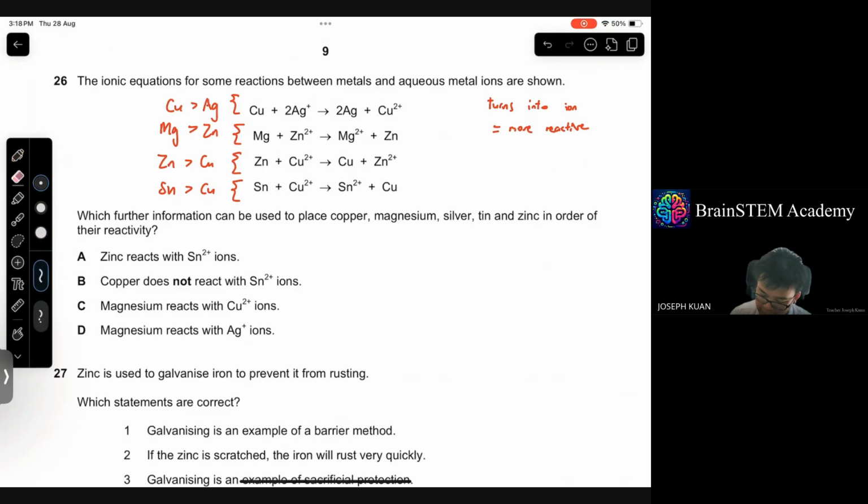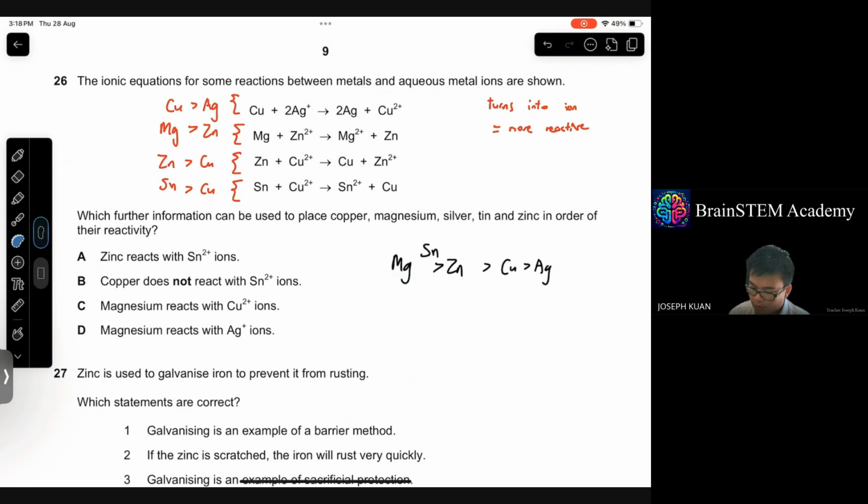Now, from the list here, we know that copper is more reactive than silver, and magnesium is more reactive than zinc. But for tin, it is not so clear. We know that it's somewhere here, but we don't know if it is more reactive than magnesium or zinc, or just copper.